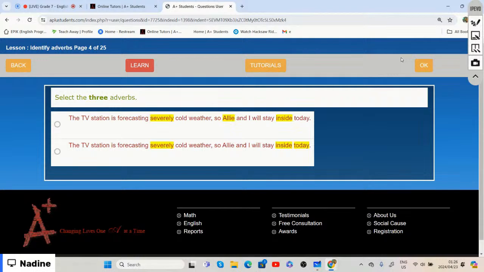So Ali and I will stay inside today. So we need to choose the correct adverbs. Is it option one, which is "severely," "Ali," "inside"?